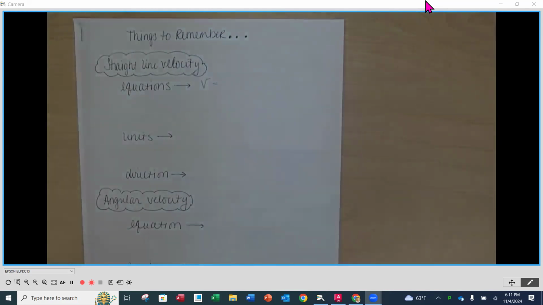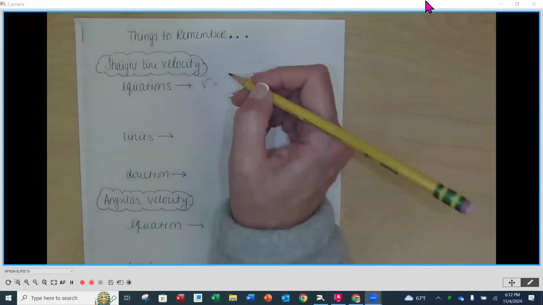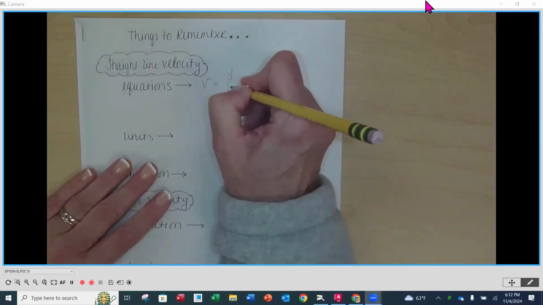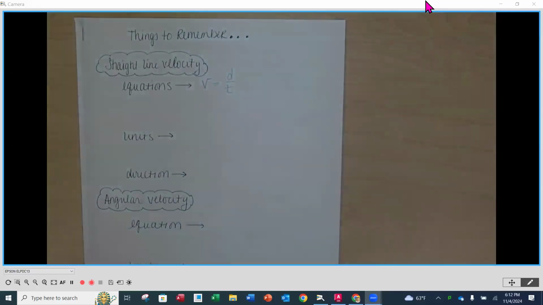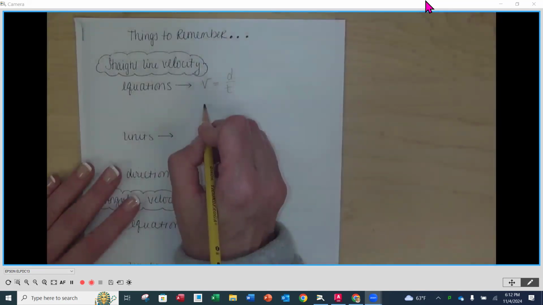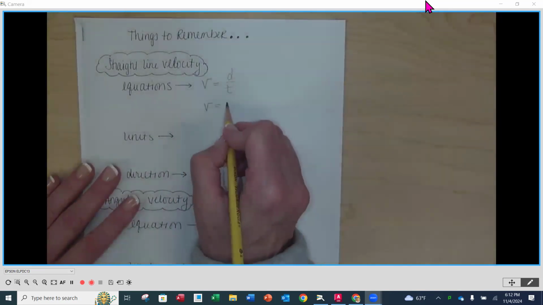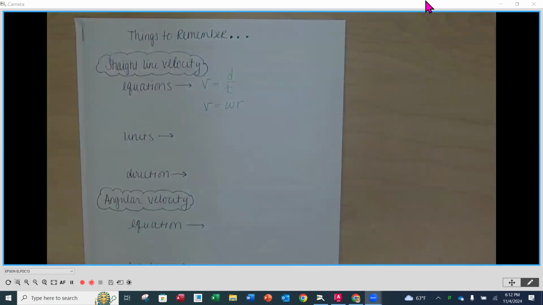The first one was rectilinear, where we take distance divided by time, whether it's an S or an R for D, but it's distance divided by time. The other one was, if it's on a rotating link, its V is going to be equal to WR, or angular velocity times the distance that point is from the center of rotation.